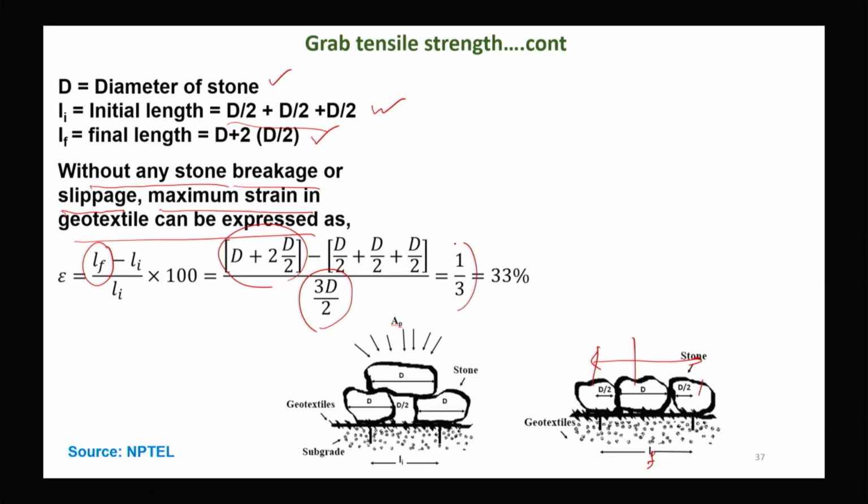So it is 1 by 3. So 33% is the strain. The theoretical maximum strain is the 33%.